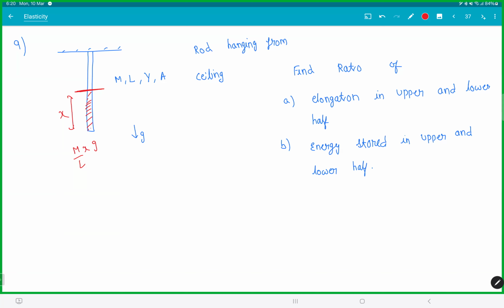Any answers? Right, Pushkar. First one is 3:1.